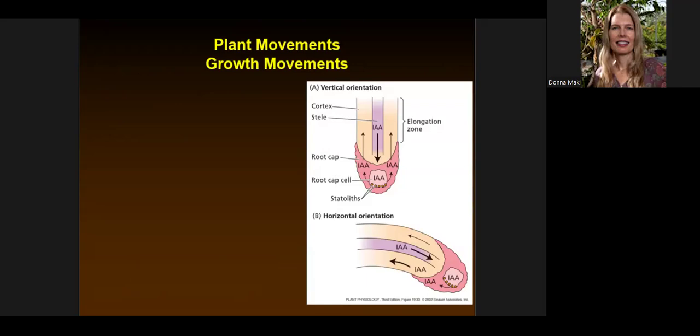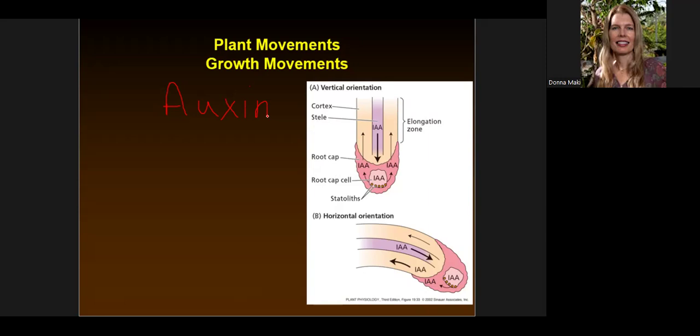But you're also seeing IAA, by the way, that is a type of auxin. That's one of the auxins that the plant makes. It's called indole acetic acid. That's why they write IAA. So here, if the root is straight down growing toward gravity, they're trying to show that IAA is coming from the stem down into the roots.